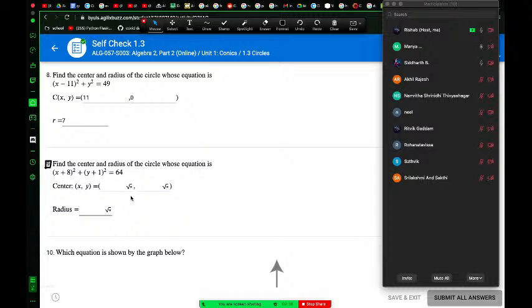We're gonna find the square root of 64, which is 8. Yeah, good job. Write down the formula so I don't forget it.